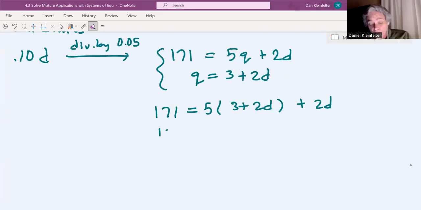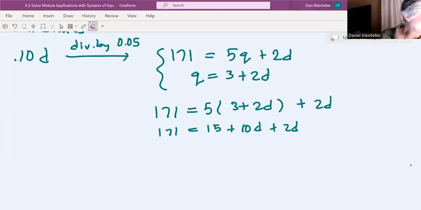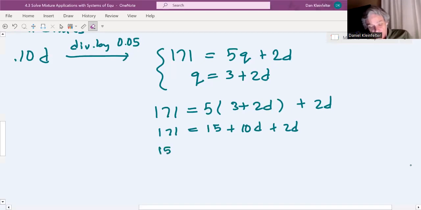We'll distribute to remove parentheses. That'll be 15 plus 10D on the right side, plus the 2D we already had. Taking 15 from 171, that's 156. And then on the right side, we should have 12D.